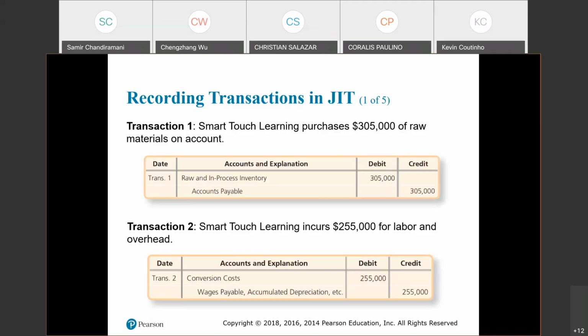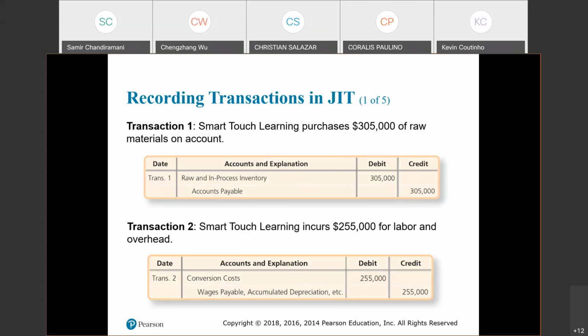Assume on January 1st, Smart Touch Learning has a beginning balance of $20,000 in raw and in-process inventory, and a beginning balance of $15,000 in finished goods inventory. During the year, the company uses JIT costing to record the following summary transactions.